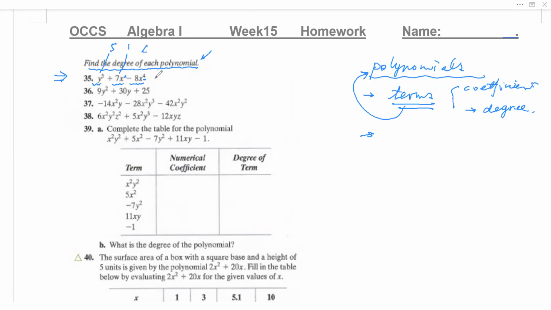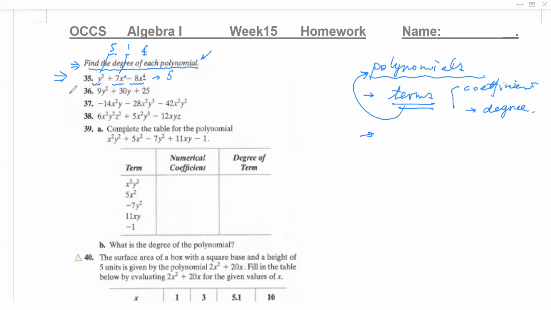So the degree of this polynomial is the maximum one, so it's 5. Finding the degree means finding each term's degree and taking the maximum among them.